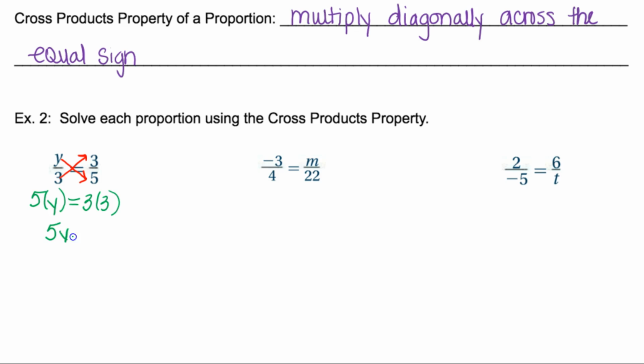So I get 5y equals 9. And then I divide both sides by 5. So again, you could leave this as 9/5. That can't be reduced. If you want to change it to a mixed number, that would be 1 4/5. Or 1.8, depending on how you're leaving it. I would accept any of those answers.